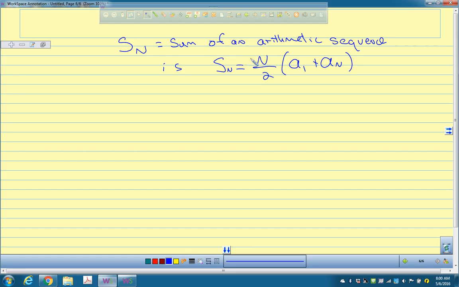So n is how many terms there are, a sub 1 is the first term, and a sub n is the last term. Okay? So say I asked you to find the sum.